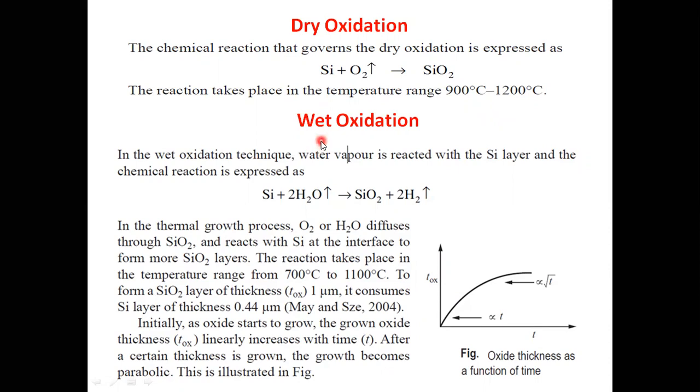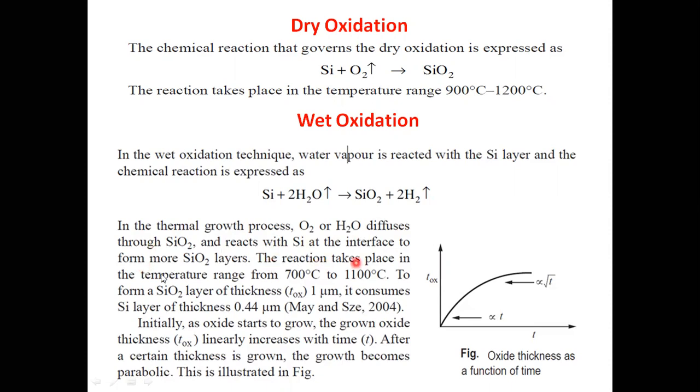Next is wet oxidation. In the wet oxidation technique, water vapor is released onto the silicon layer and the chemical reaction is Si + 2H2O, which gives SiO2 + 2H2. In the thermal growth process, oxygen or H2O diffuses through silicon dioxide and reacts with silicon at the interface to form more and more silicon dioxide layer.